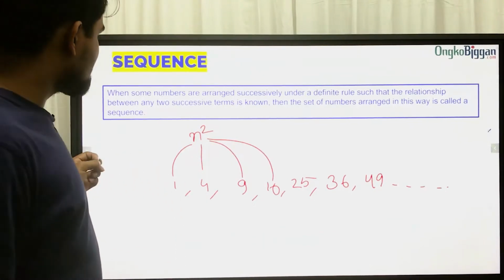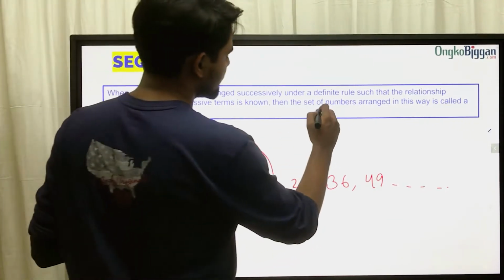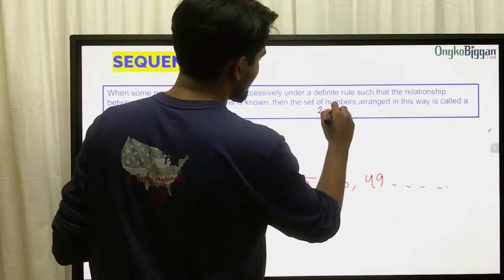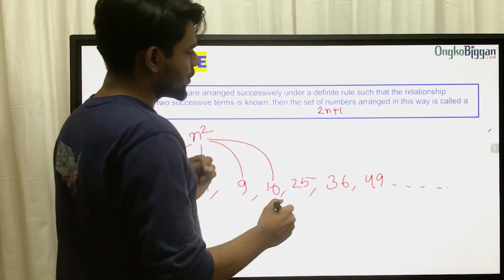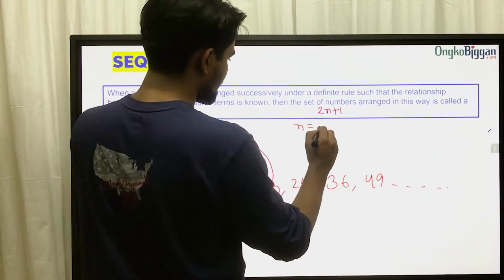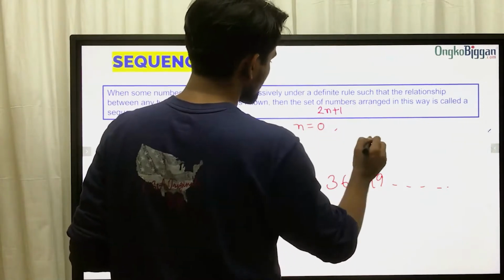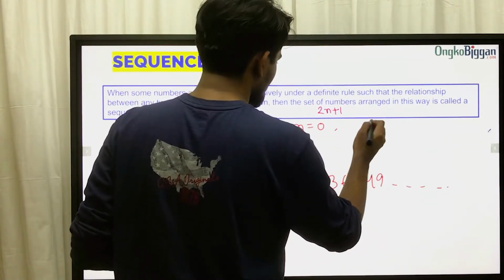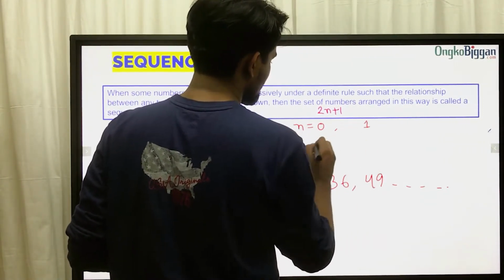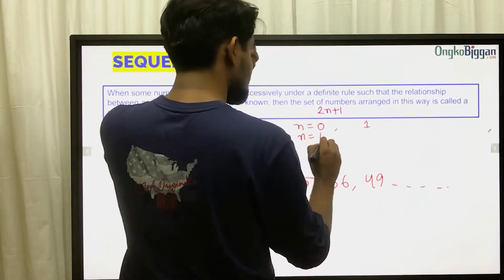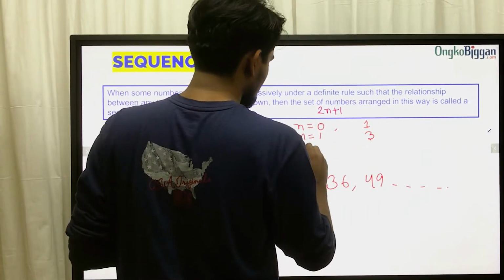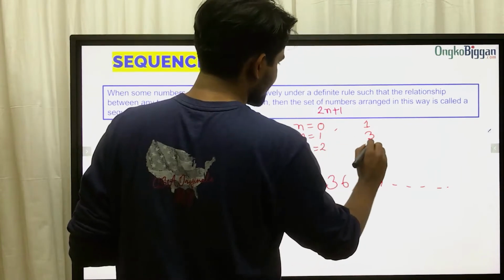Similarly, we can write a sequence using the relation 2n plus 1. When n is equal to 0, we get 1. When n is equal to 1, we get 3. When n is equal to 2, we get 5.